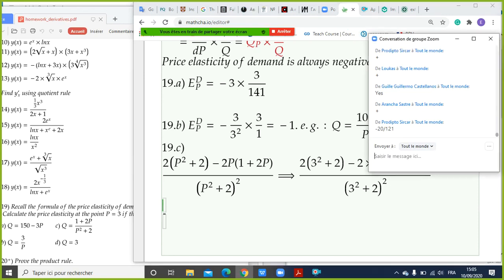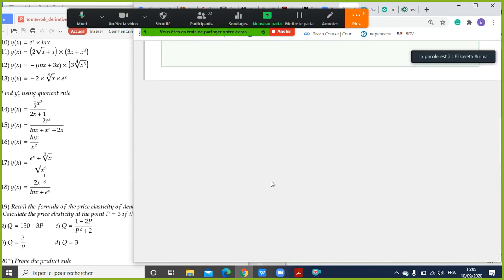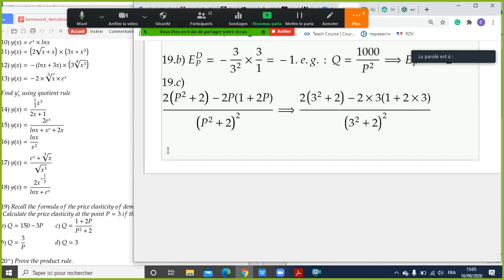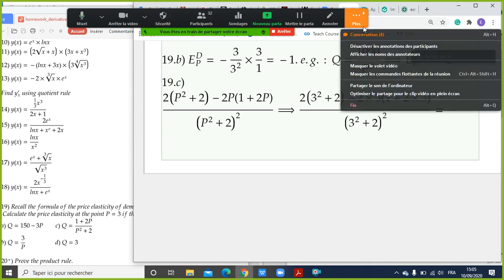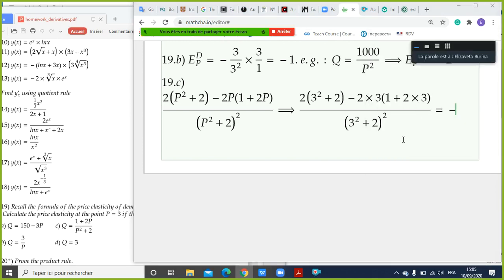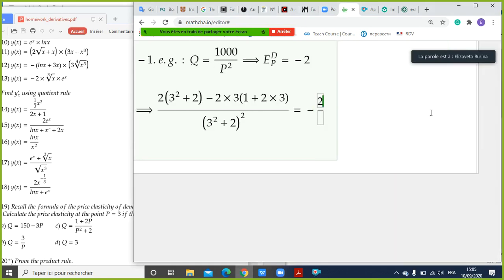Everybody giving a yay to minus 20 over 121? Cool. Oh, no, not everything. Perfect, so minus 20 over 121.